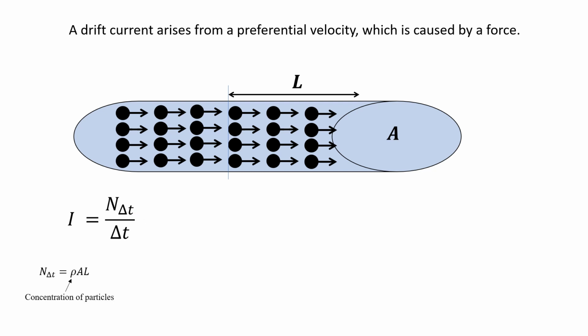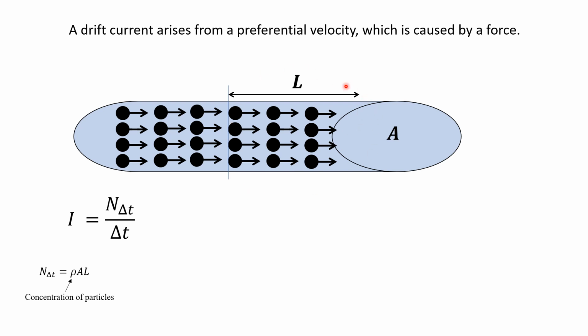Now we want to relate this number of particles with the concentration. So if in our thought experiment, this line of particles was the last one to cross the area in the interval of time delta t, that means that all particles inside the volume delimited by the distance these particles traveled to cross the area will have crossed the area in the interval of time delta t.